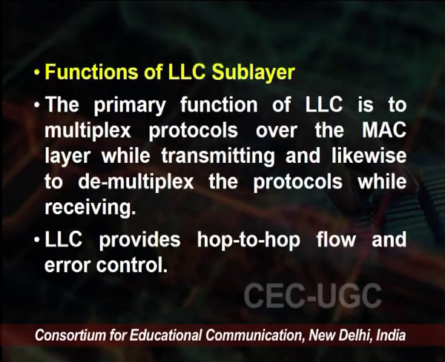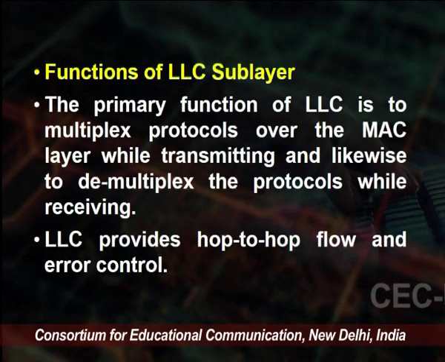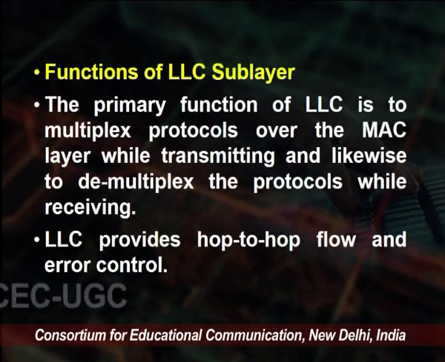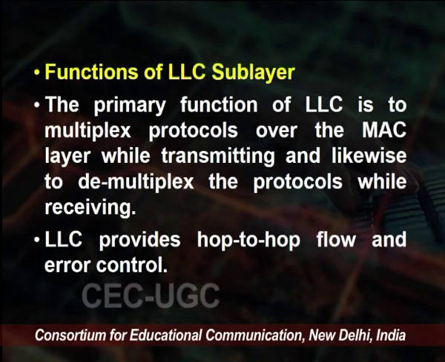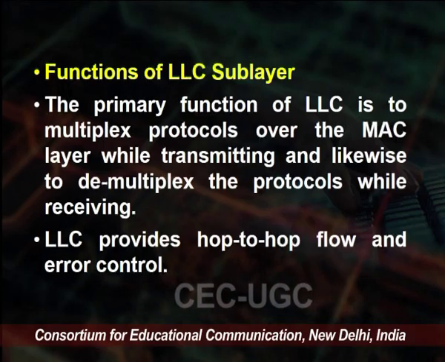Now, let us look into the functions of LLC. The primary function of LLC is to multiplex the protocols over the MAC layer while transmitting, and likewise to demultiplex the protocols while receiving.